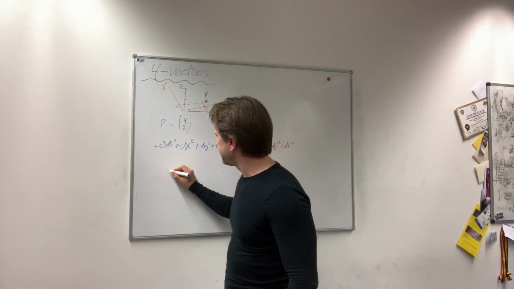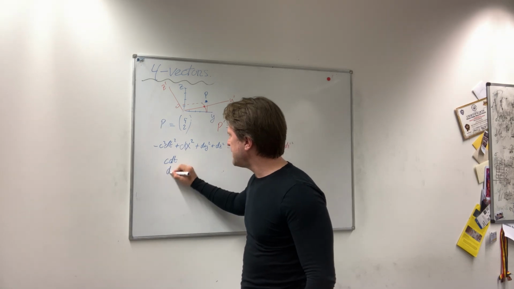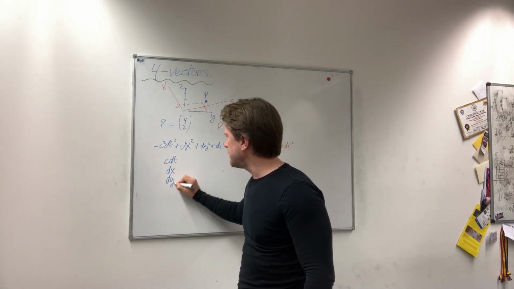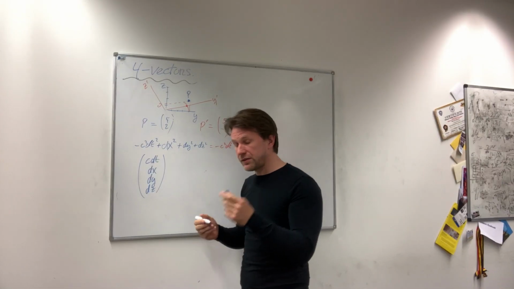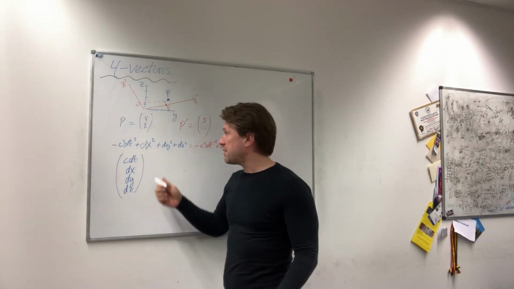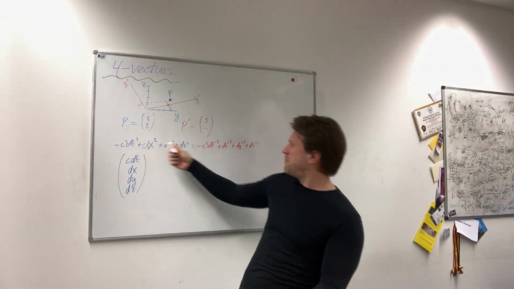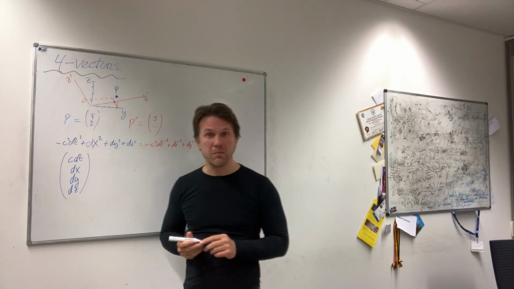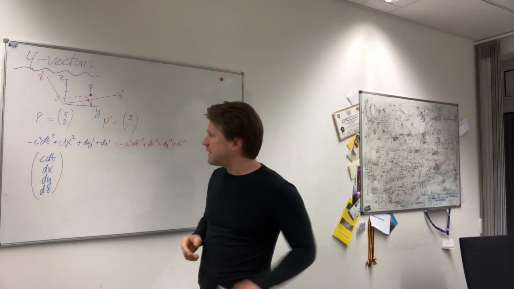A 4-vector is defined as c dt, the amount of time, the amount of space in all three spatial directions, in a column. This is a 4-vector because it obeys that this particular Pythagorean theorem is the same in all coordinate systems. This is a 4-vector.